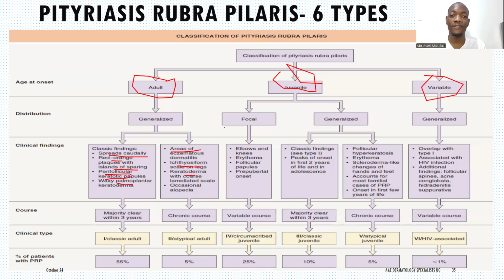In case it is focal, you'll find someone having lesions maybe on the elbows and the knees with erythema, then follicular papules, and also prepubertal onset. Usually it comes before puberty, below 11 or 10 years.